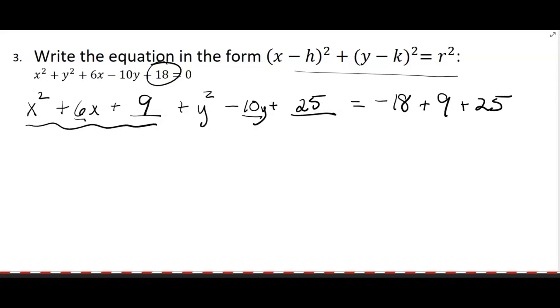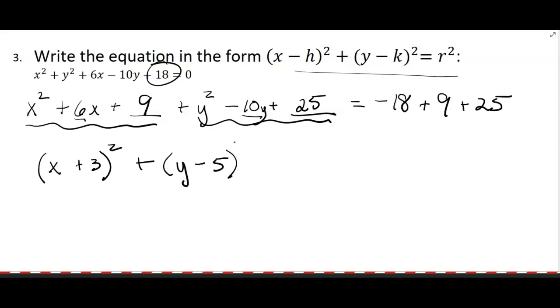So now this becomes a perfect square trinomial. It factors into x plus 3 squared. And then this is a perfect square trinomial. It factors into y minus 5 squared equals, let's see, negative 9 and 25, I think that's 16.